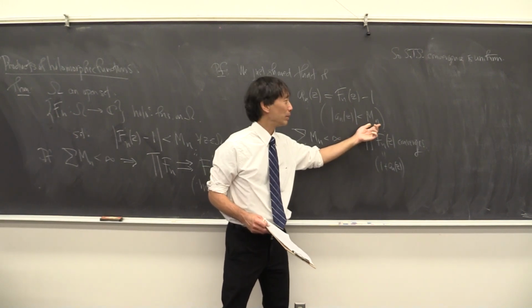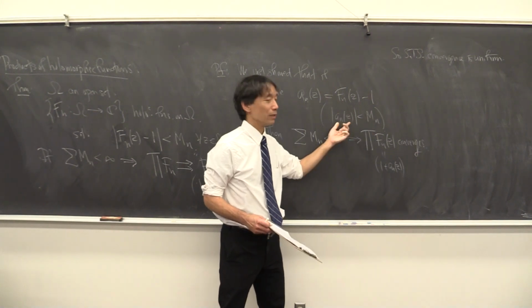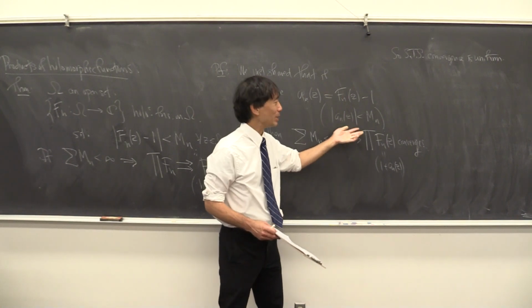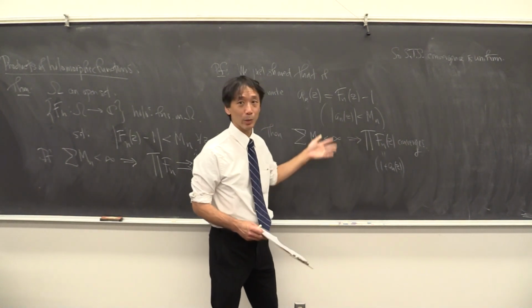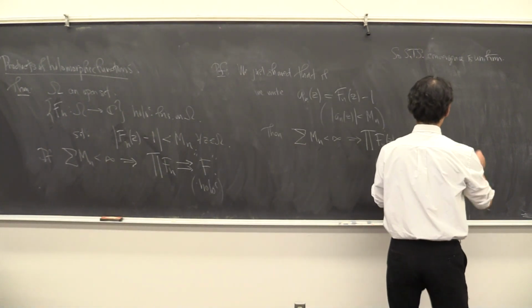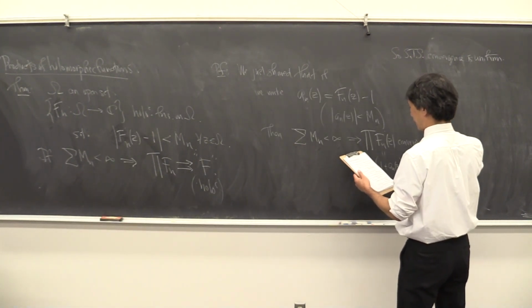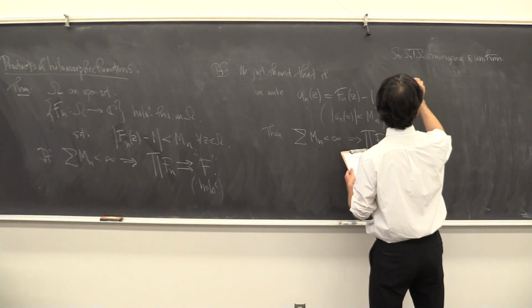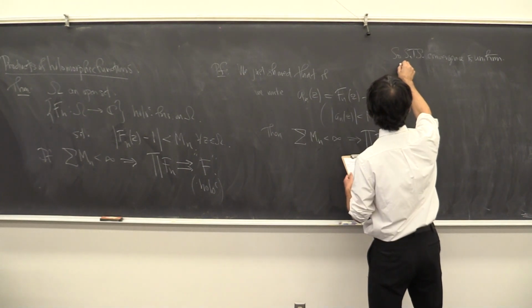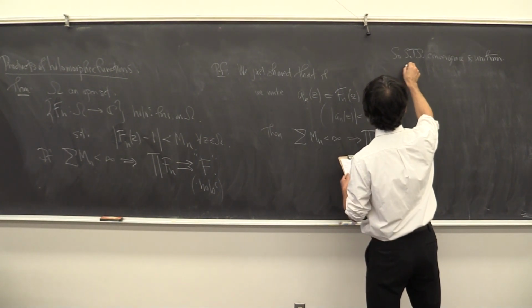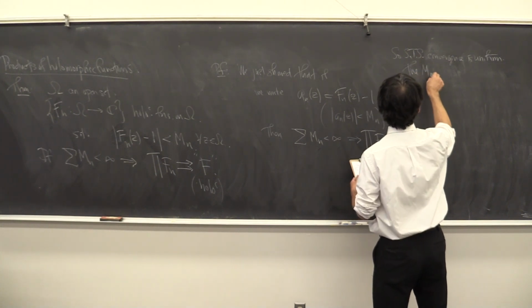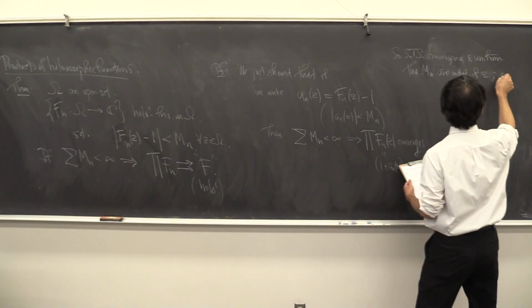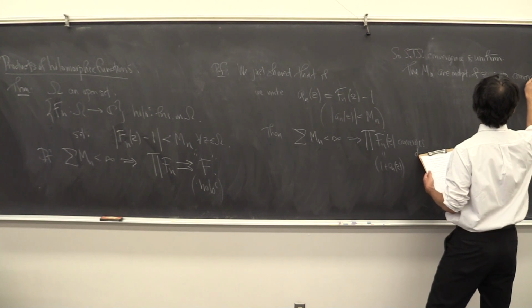That implies that the convergence is independent of z, so the convergence is uniform. Okay, so that's basically the reasoning right there. Let me lay it out a little bit more clearly. The point is that the M sub n are independent of z, so the convergence is uniform.